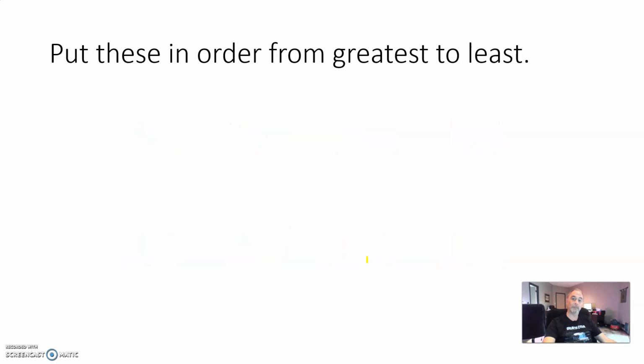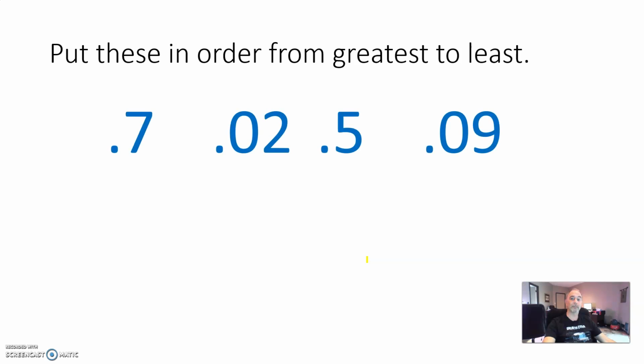But what if I do this? Now I am getting tricky. Now again, we need to go back and remember to put in a 0 and give things the same number of digits in each number.